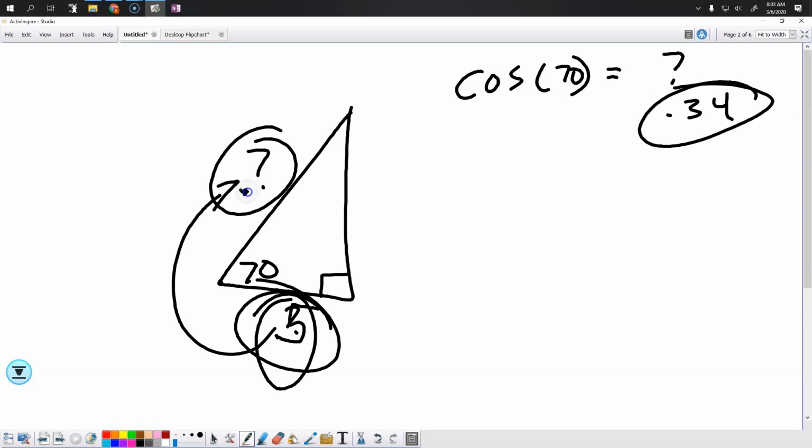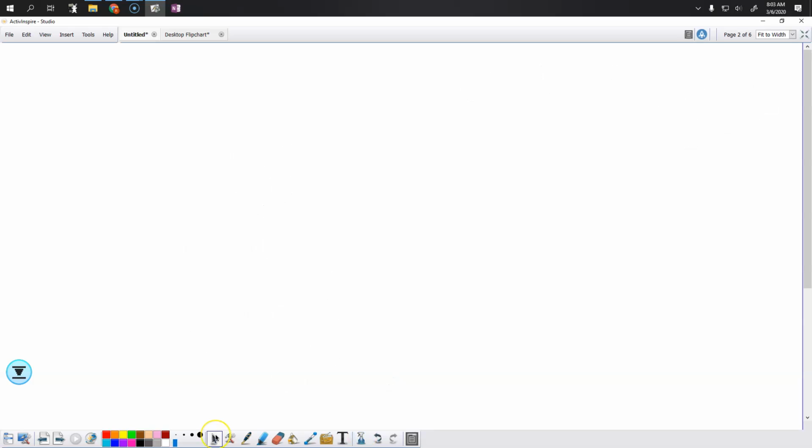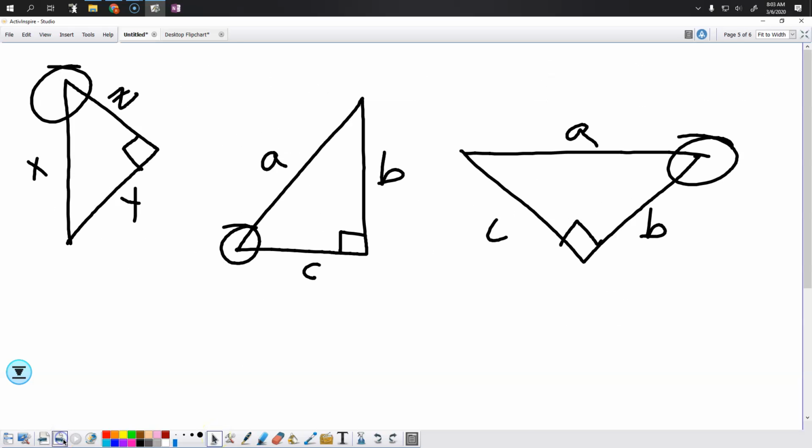So if you divide this by 0.34, you can find out what this is now. So our calculator knows what the ratios are. Okay, we don't. We only know the special right triangles. And that's why on the unit circle, we only deal with the special angles. We don't have all of them. Okay.